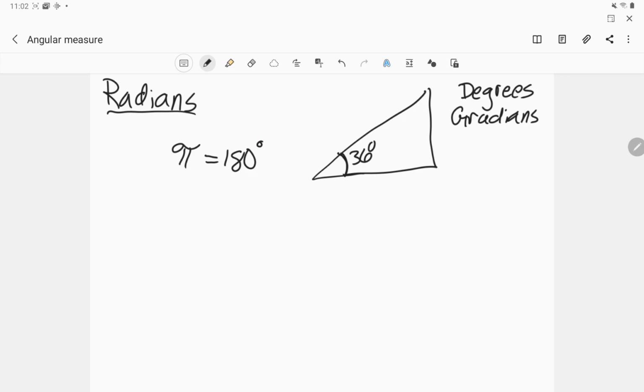So if I asked you what is 180 degrees in radians, you would say it is pi radians. Very often we leave radians in terms of pi. There will be a pi in the answer.